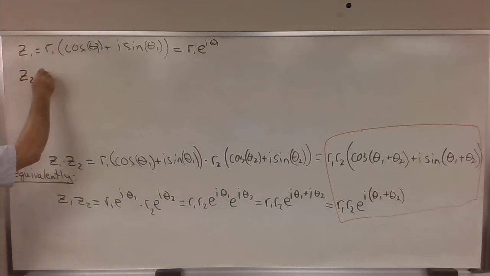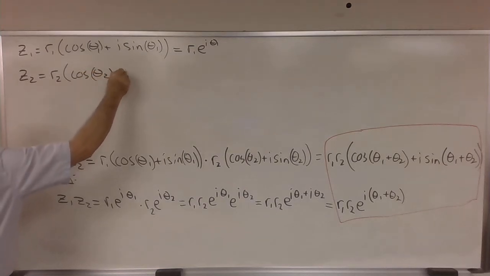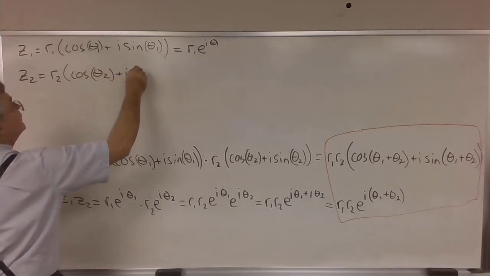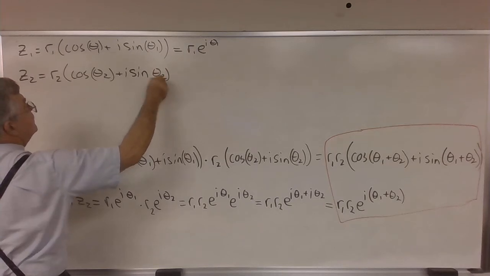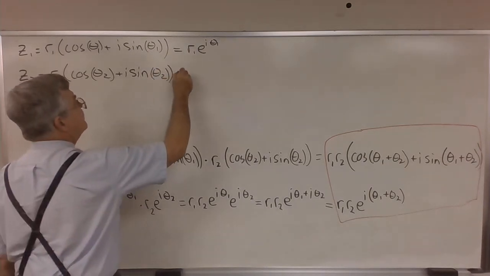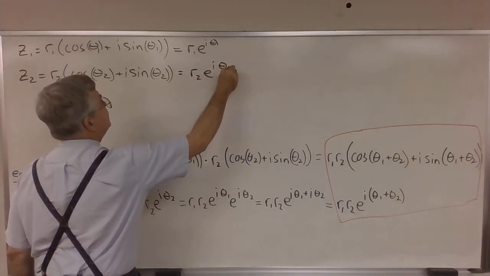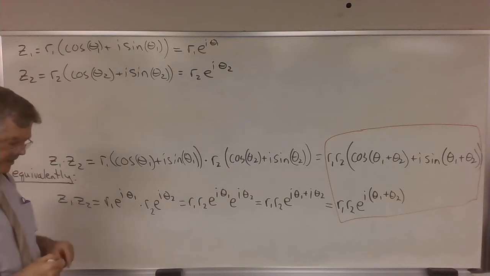Z2 is R2 cosine theta 2 plus I times sine theta 2. And writing it in exponential notation, it's R2 e to the I times theta 2.